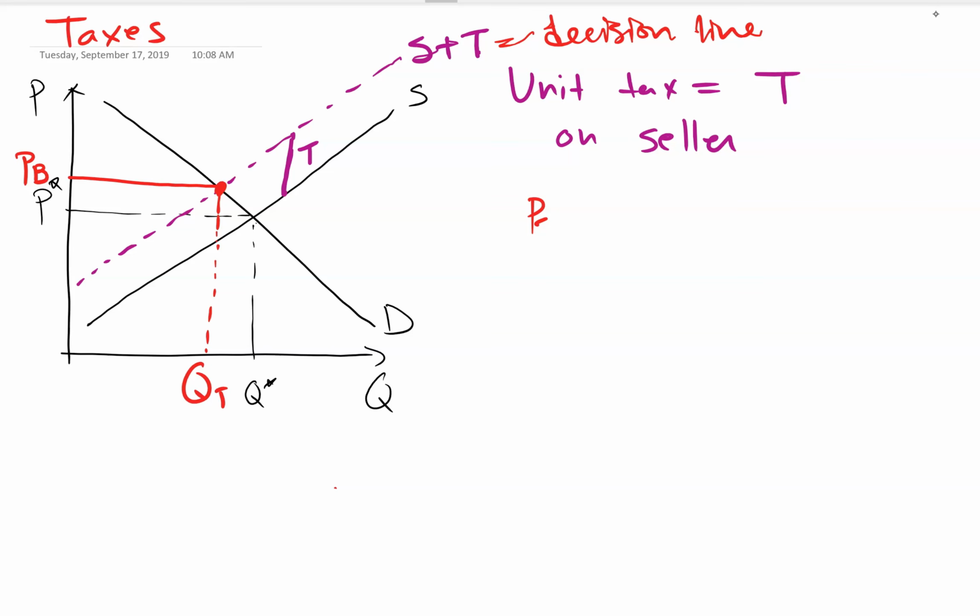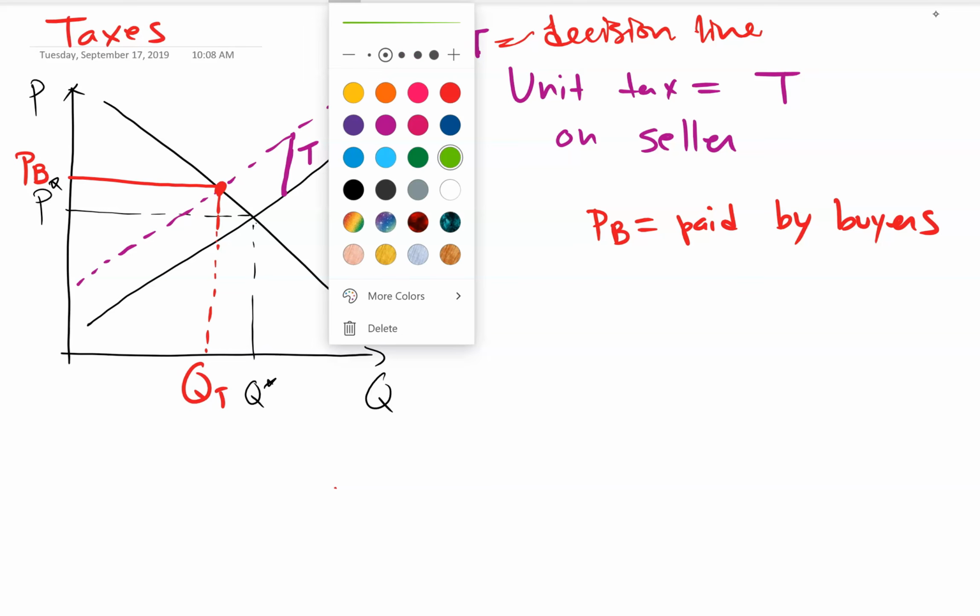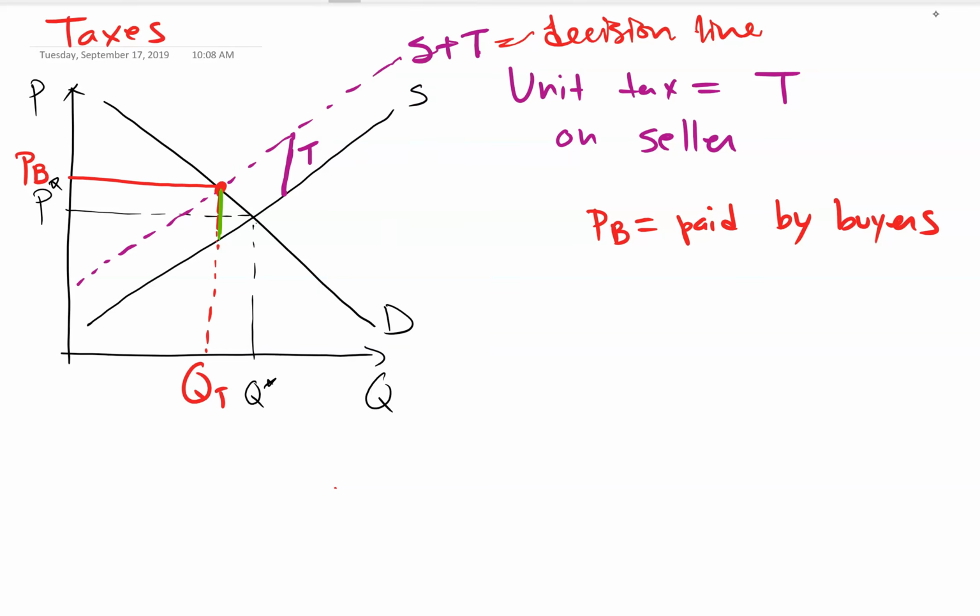PB is the price paid. This part in here, this green height, is T, the tax, and it goes to the government. The sellers only receive PS, which is the price paid by the buyers minus the tax.